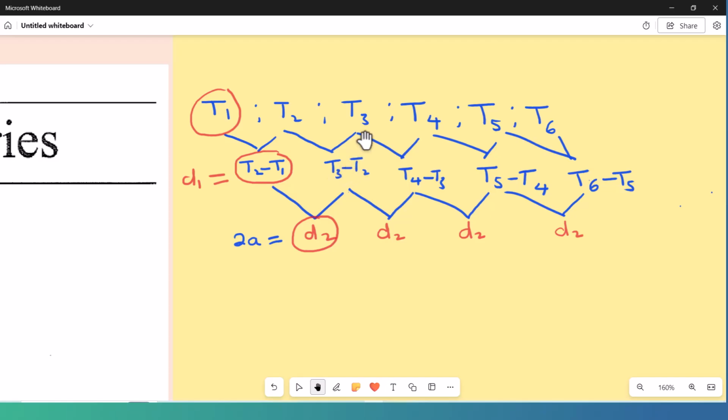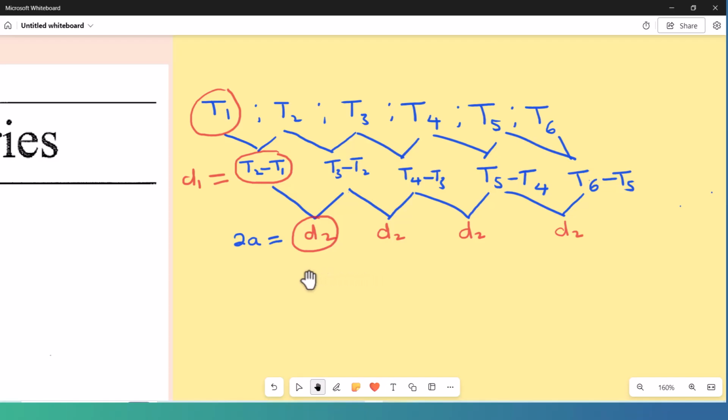Then I continue with T3 minus T2, T4 minus T3, up to here. Now if I subtract these first differences, I get my D2. Then this one minus this, I get D2 again. So D2 is a constant. This D2 can be a number 2, 3, 4, or even a fraction, as long as it's a constant. Are we together?